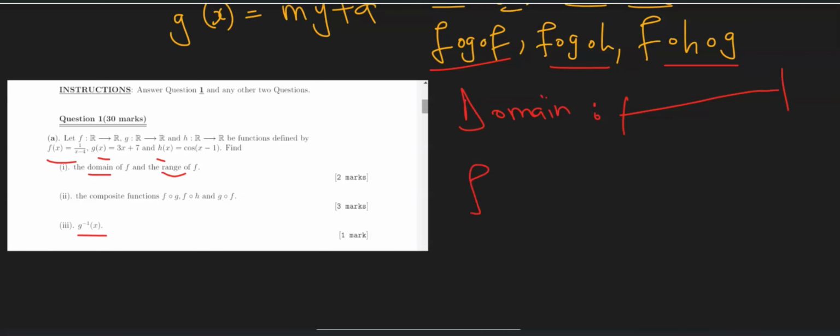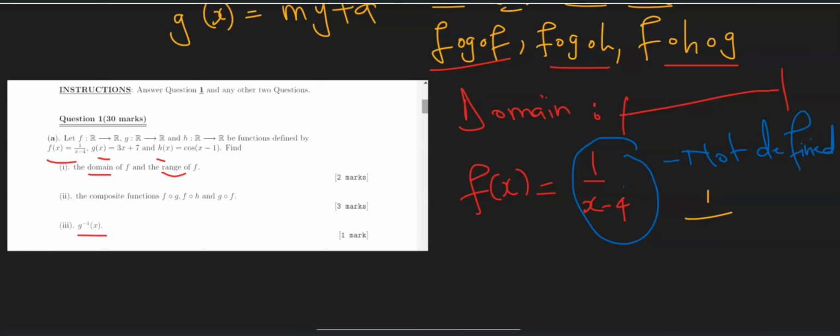So let's find the domain of f. We've been given the function f of x equals 1 over x minus 4. The biggest question we should ask ourselves is, where is this function not defined? The word not defined in mathematics simply means 1 over 0, which is indefinite.